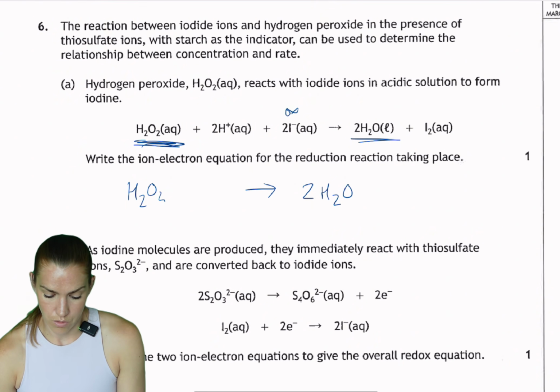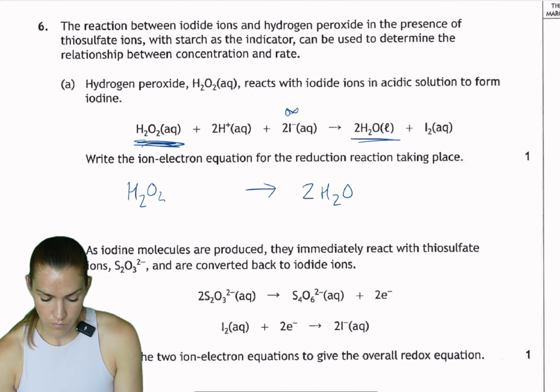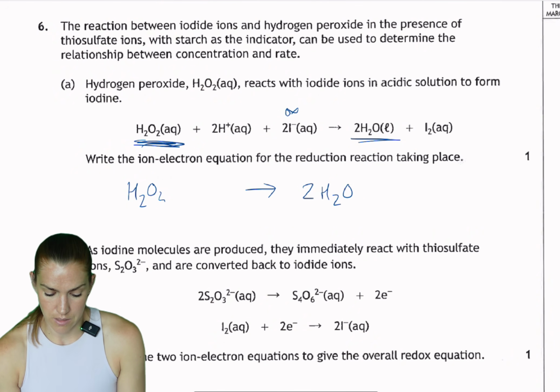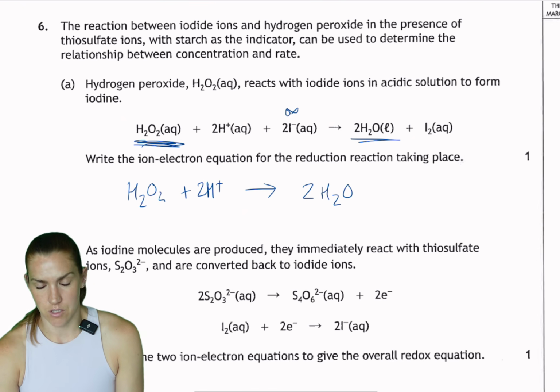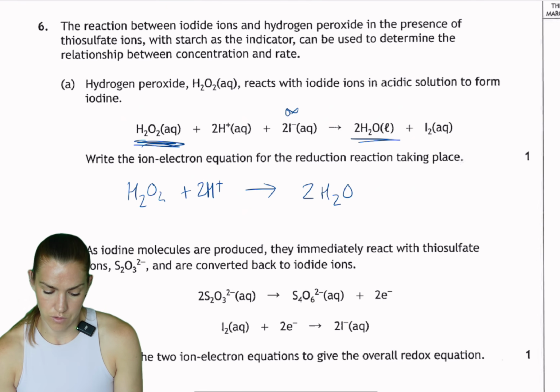We're adding water to balance the oxygen, so the oxygens are balanced now that we've got the water. Adding hydrogen ions to balance the hydrogen, so we need to add the 2 hydrogen ions back in. You can kind of see them in the equation anyway, so that gives us 2 and 2, which adds up to the 4.